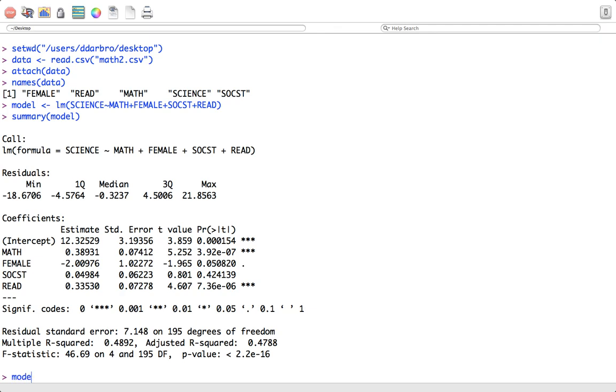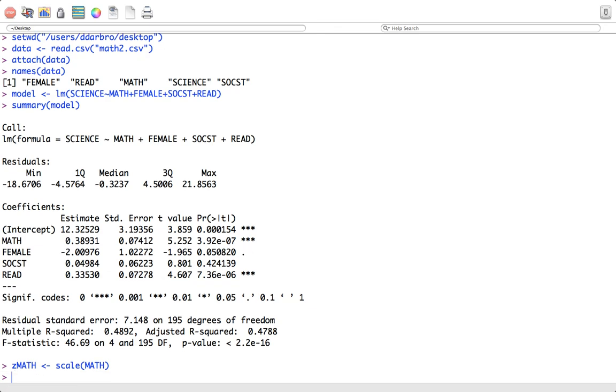So what I could do here is create a model 2. And let me back up a little bit. If I wanted to create the z-scores for math, what I need to do is just do scale math. And it's going to create the z-scores for all of the entries in math. So if I do z math, it's going to have 20 entries.